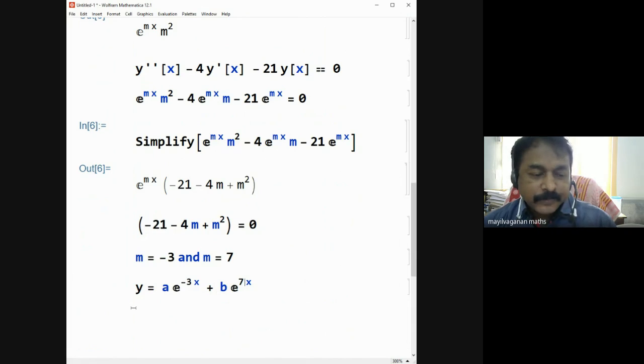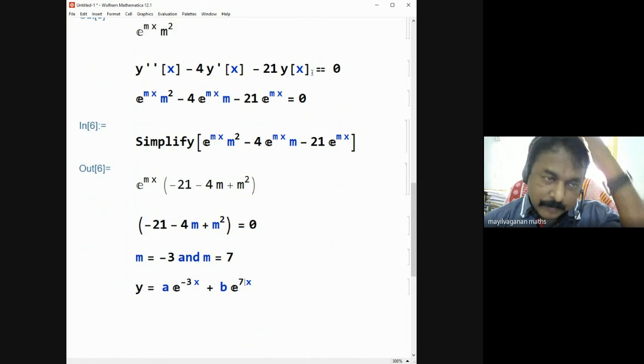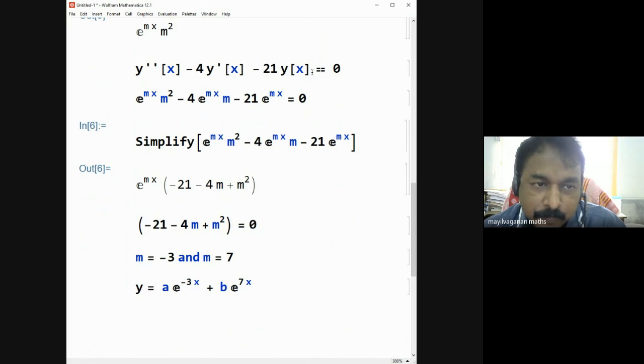So the solution of our second order linear equation y double prime minus 4y prime minus 21y equal to 0 is given by y is equal to a e power minus 3x plus b e power 7x.